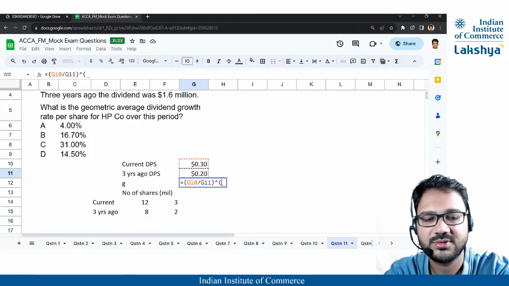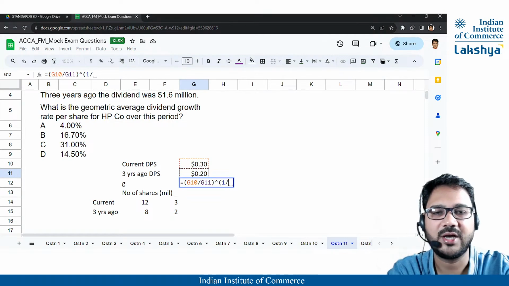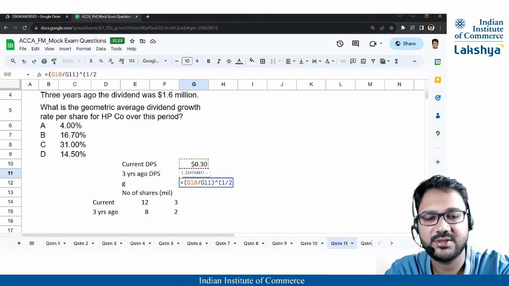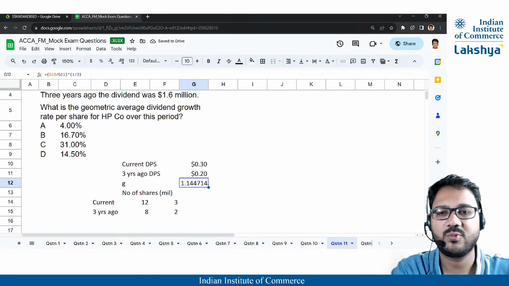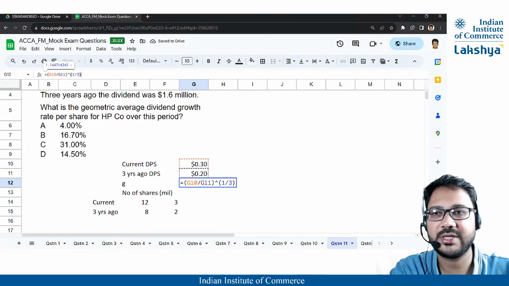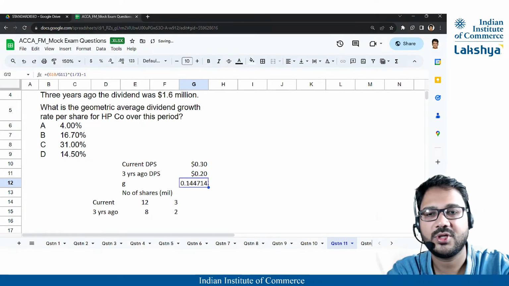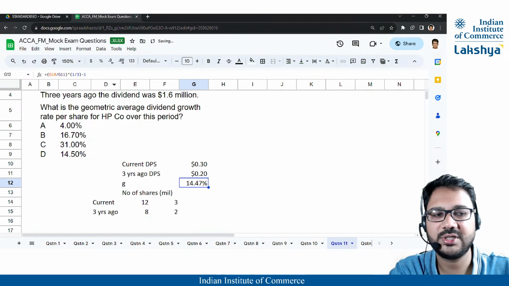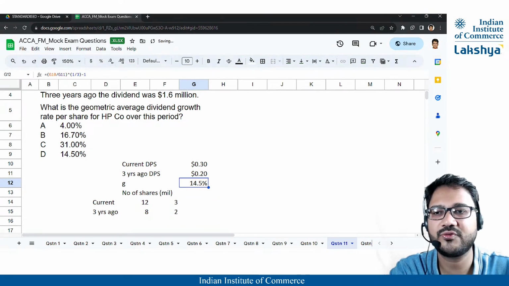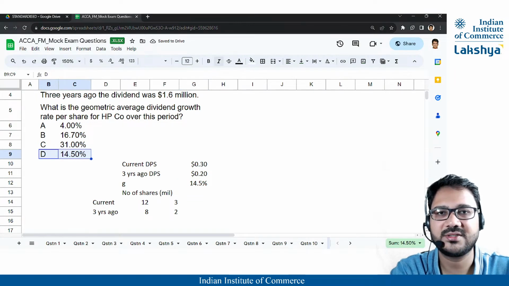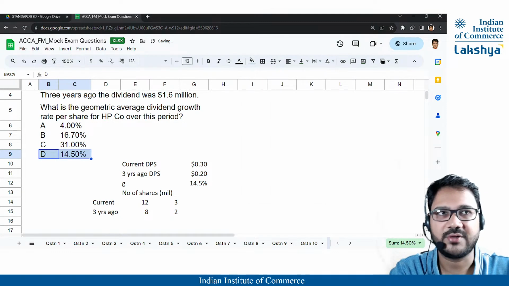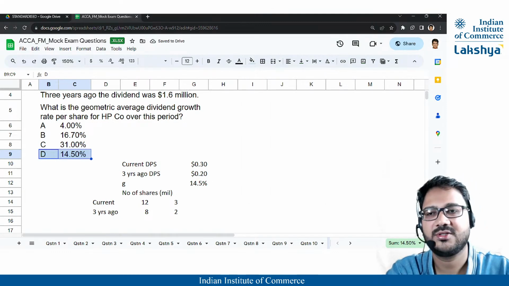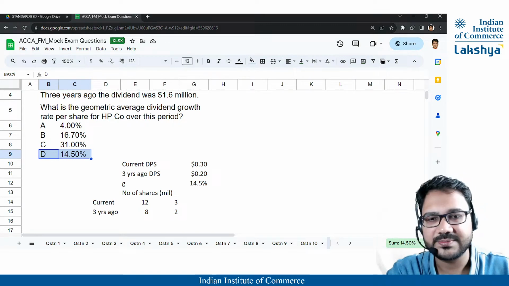This raised to 1 by how many? 3 years ago. So 1 by 3, minus 1. So this is a percentage, that is 14.47%. We can just round it off to 14.5%. So let me mark that. Yeah, 14.5%. So that's option D.